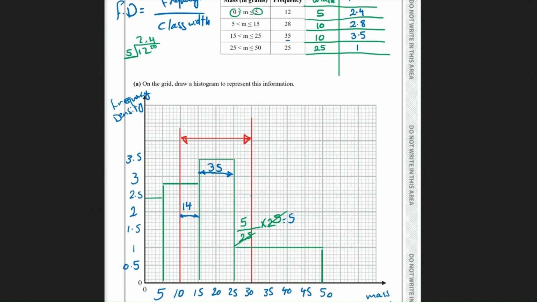So this part became 5 here. So the frequency between 10 and 30 would be 14 plus 35 plus 5, which would be 35 plus 5 is 40, 40 plus 10 is 50, that means it's 54 parcels between 10 and 30.